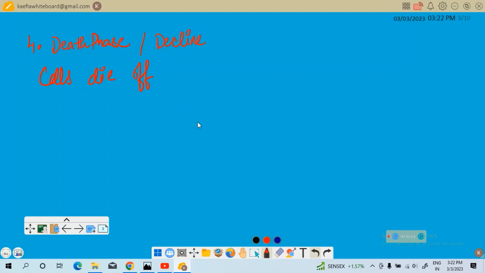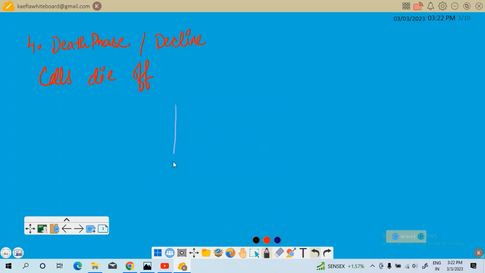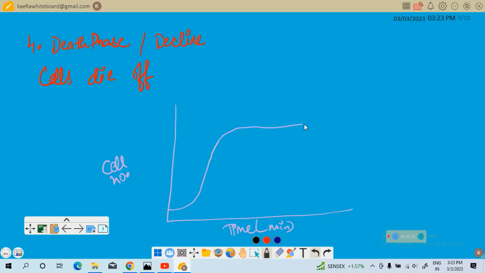Okay, now let's see the graph of this. That was for diauxic growth. So here this is cell number, here we have time, right? Then it will go up slightly, this is the stationary phase.